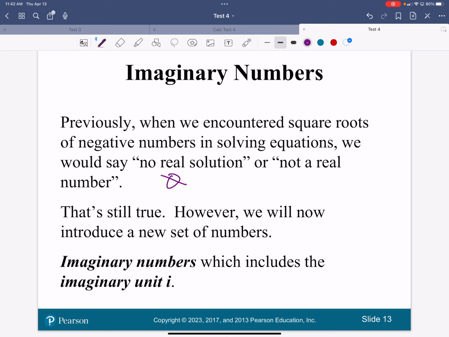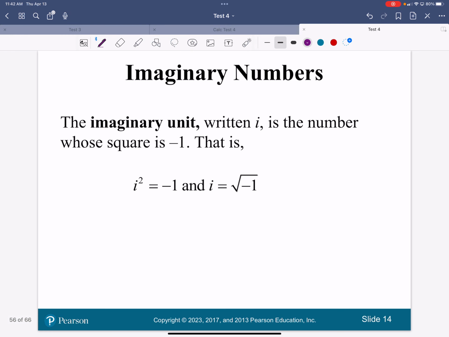What we're talking about today is not inside the real numbers set. It is outside of that. We are now introducing imaginary numbers, which includes the imaginary unit i.